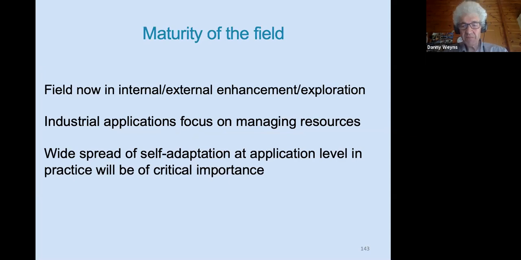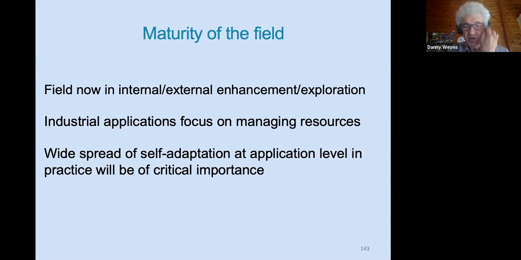You see in the presentations at conferences and in journals that people more and more start getting more realistic applications. By the way, that does not mean that these things are not used in practice. I showed you examples in the beginning of the presentation about industrial applications. But as I said at that time already, the focus is particularly on managing resources.